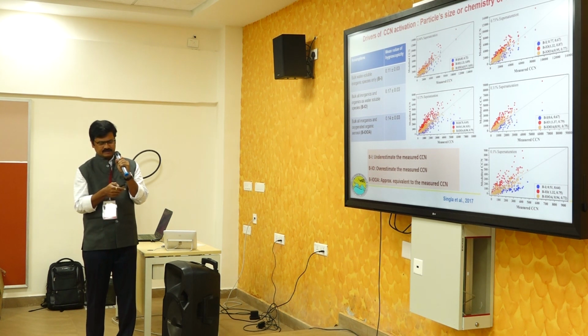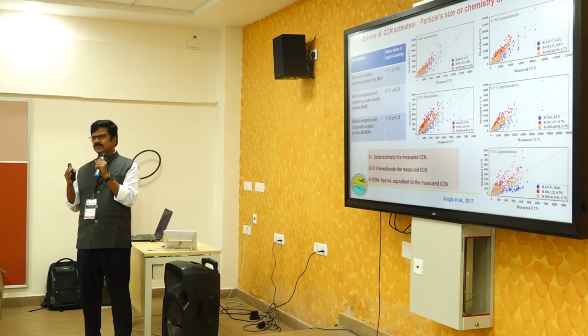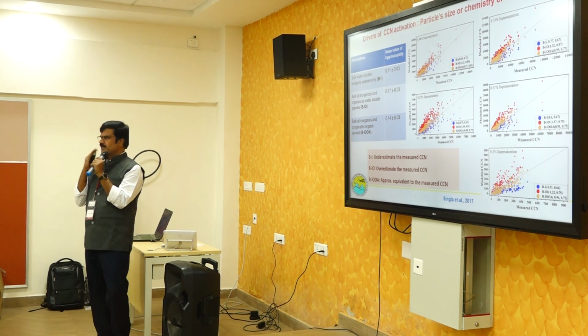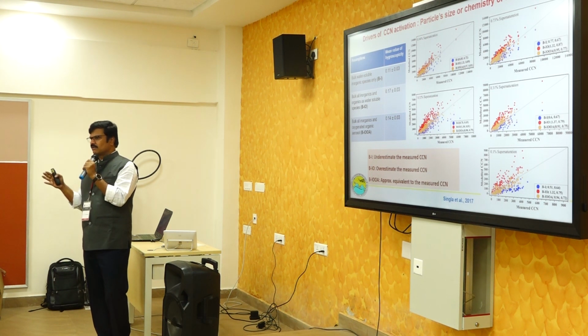Initially we did not have the hygroscopicity information. Using only bulk chemical composition from the aerosol chemical speciation monitor, you can only get the bulk chemistry; you cannot get the size resolved chemistry.